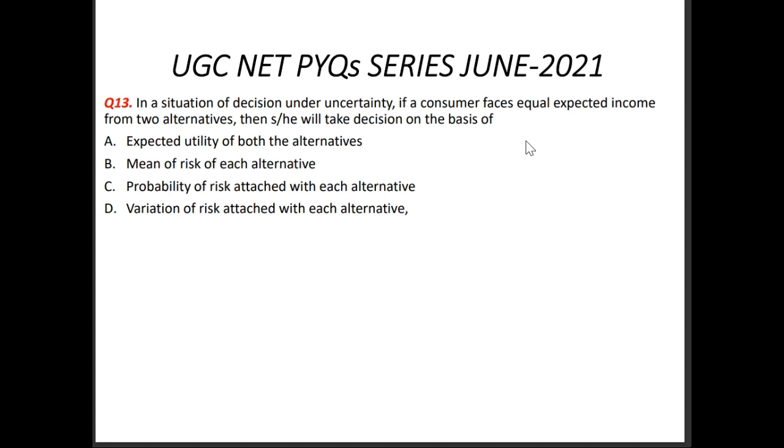Next question. In a situation of decision under uncertainty, if a consumer faces equal expected income, that is, expected income from situation 1 is equal to expected income from situation 2, from the two alternatives, then he or she will take decision on the basis of what?